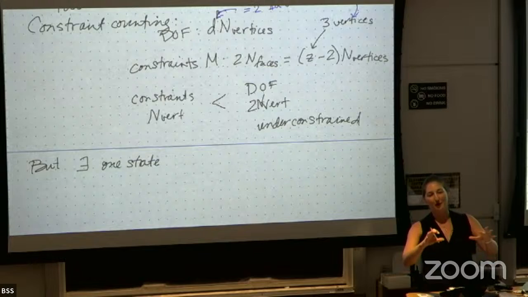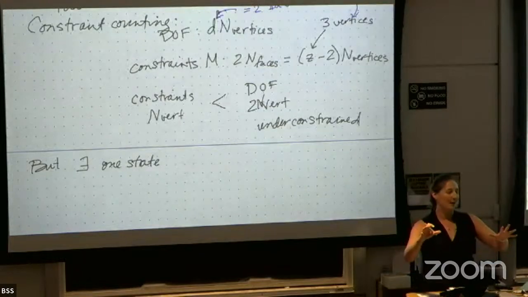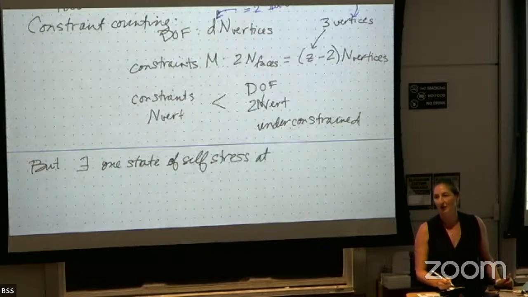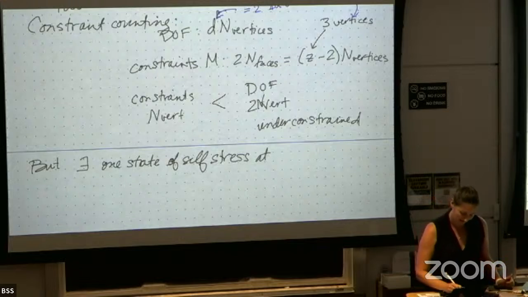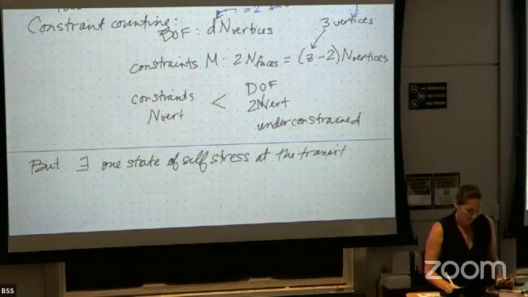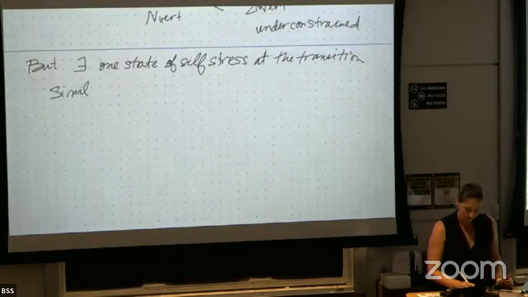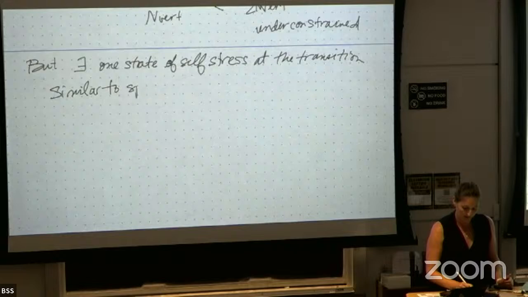And so I'm still approximately telling you the truth. Let's assume that there exists one state of self-stress at the transition for vertex models. Sometimes there's 2, but the second one is very simple. It's associated with the area, okay, at the transition. And so you have a situation very similar to the spring network.